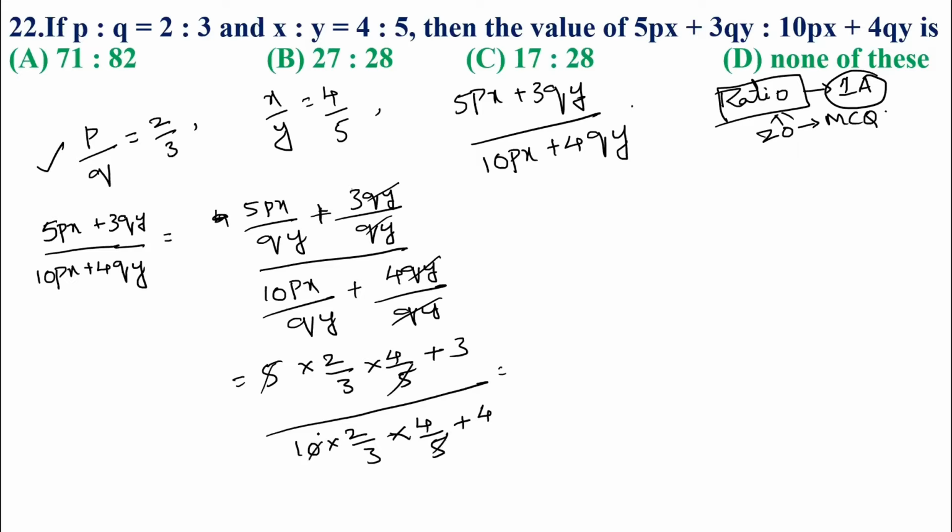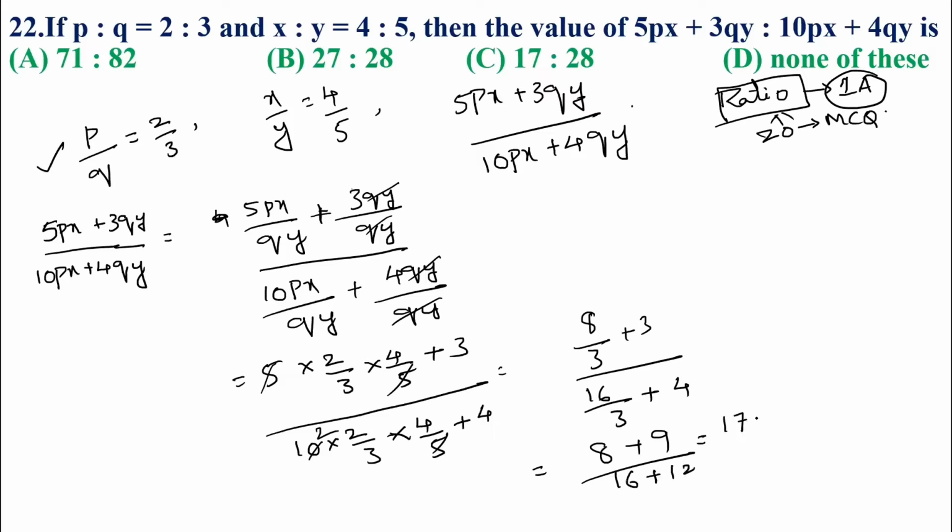So 5 2s are, then here 8 by 3 by 16 by 3 plus 4. This will become, 3 will be the LCM. So 8 plus 9 by 16 plus 2. So here 17 by 28. So answer is 17 is to 28, option C.